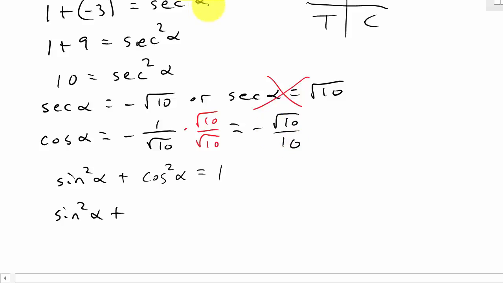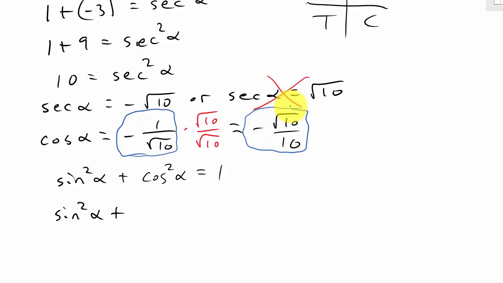When we plug in the value of cosine, we can plug in either form. A lot of times it's easier to plug in the value where the denominator is not rationalized, though you'll get the same answer either way.